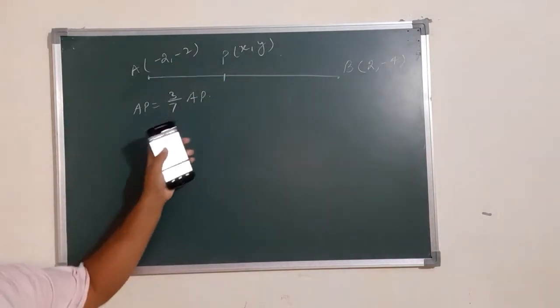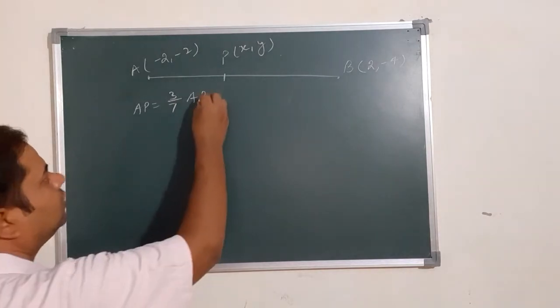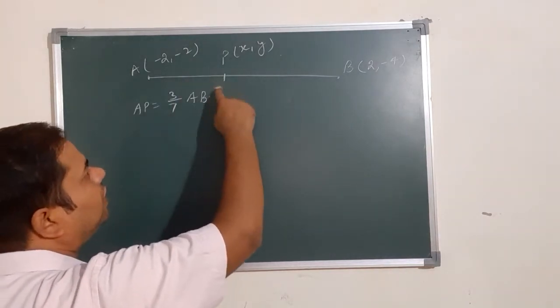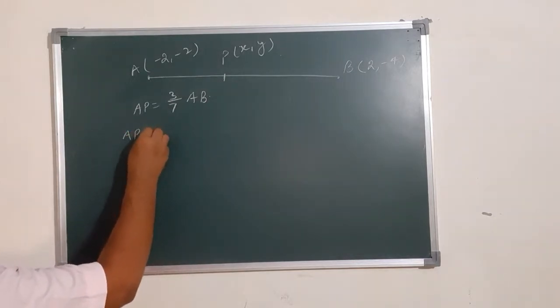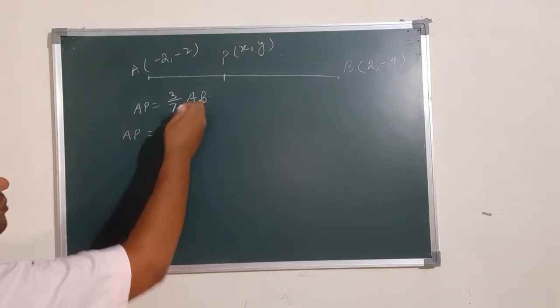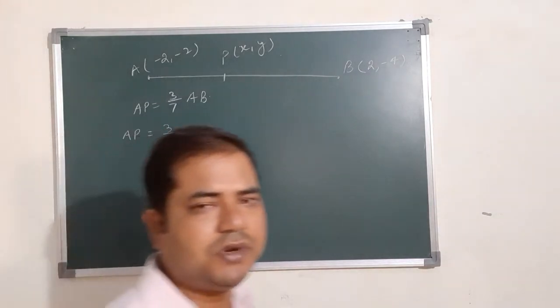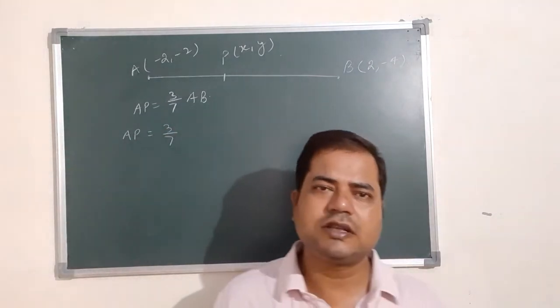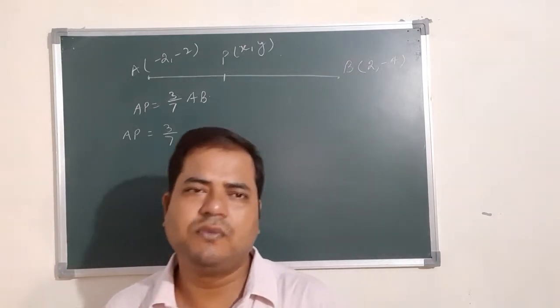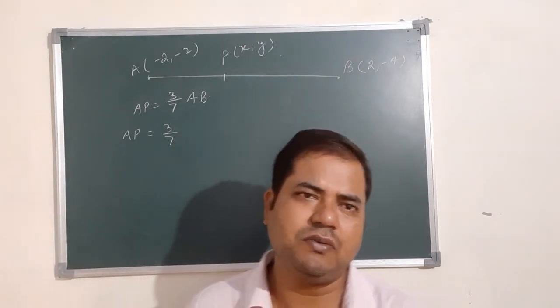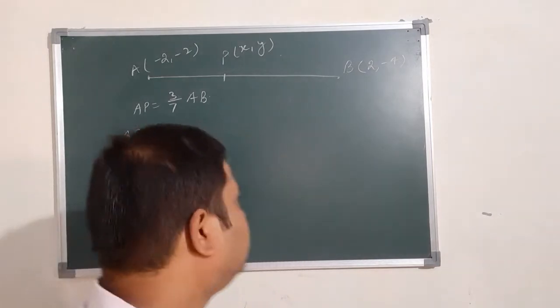We need AP upon PB, but AP is given as 3/7 of AB. We did not need AB directly, so we convert AB in terms of AP and PB.